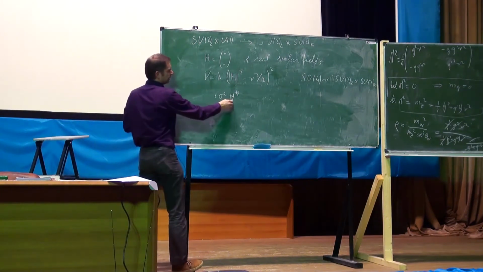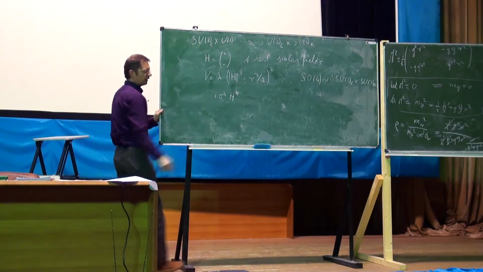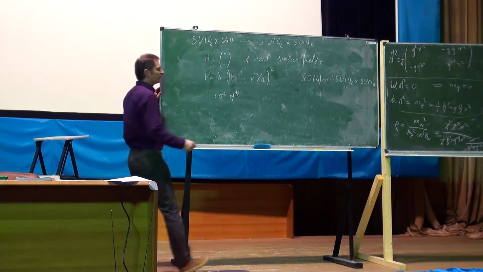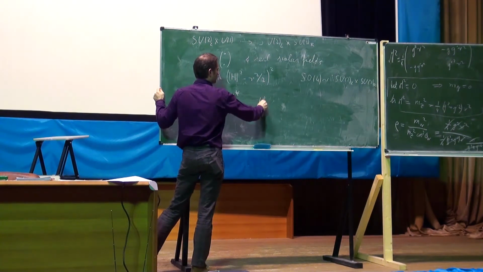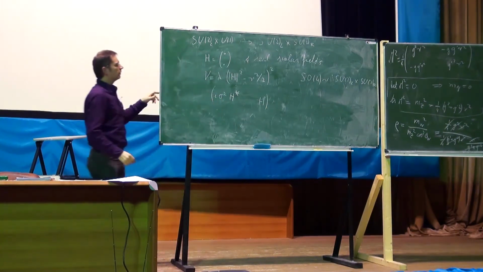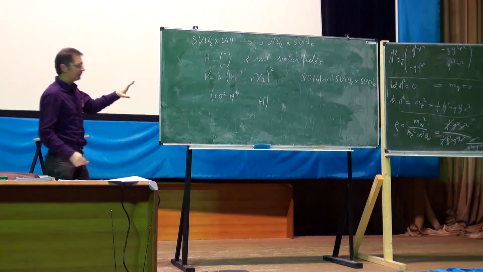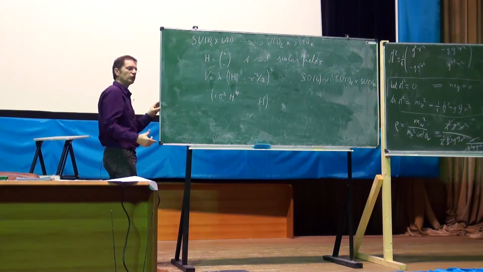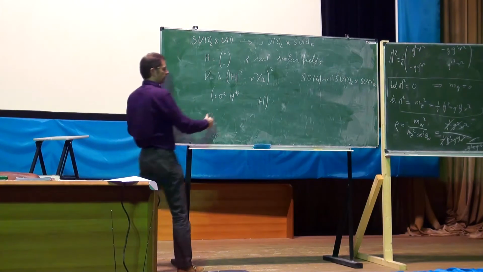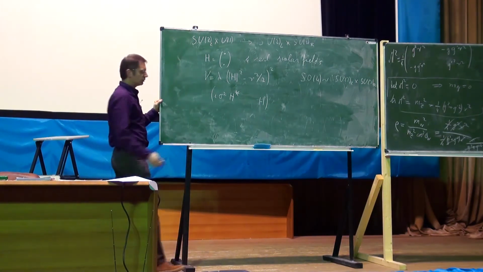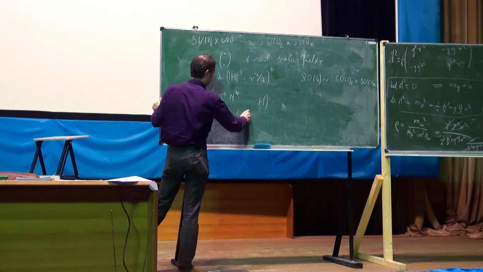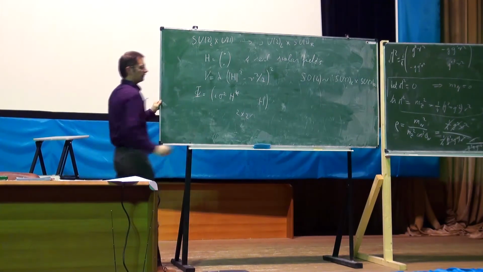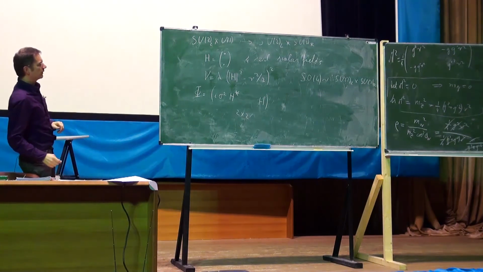So this H complex conjugate with this i sigma 2, which is the permutation, transforms the same way as H. So you can build a 2 by 2 matrix by combining those two doublets, because they have the same transformation property. So now the field phi is a 2 by 2 matrix.